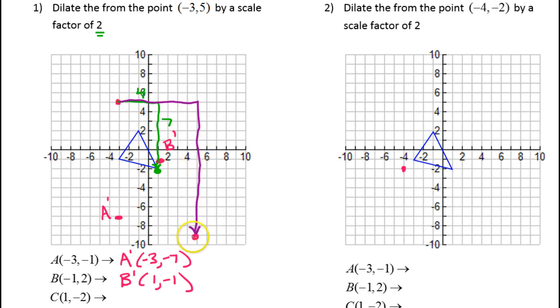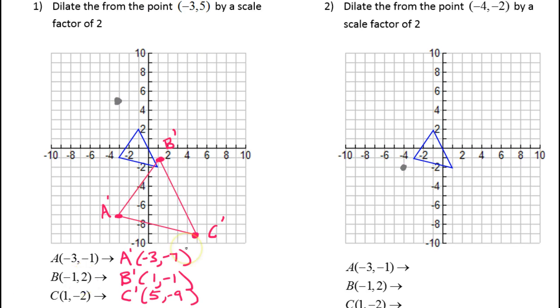So here is my point C prime. So C prime is at 5, -9. Now I'm just going to erase these guidelines, and it's time to go ahead and draw the image, draw the dilation. And that, my friends, is how it is done. So that's it for problem number 1.